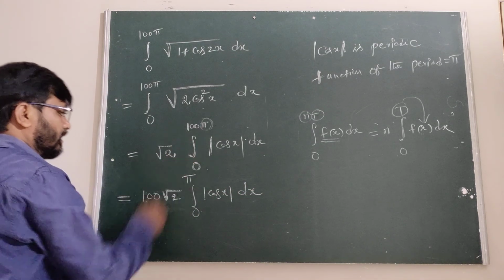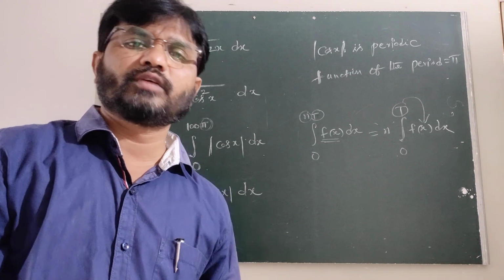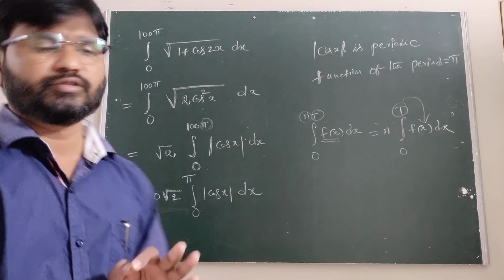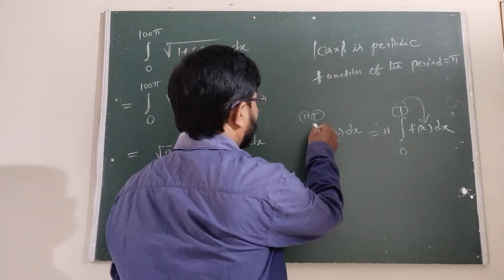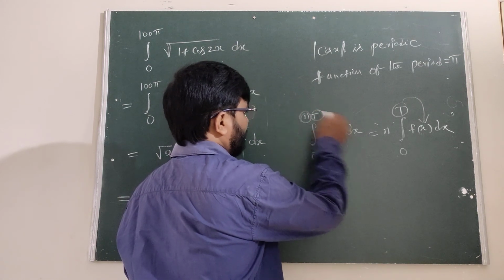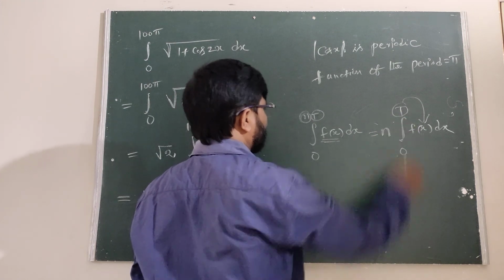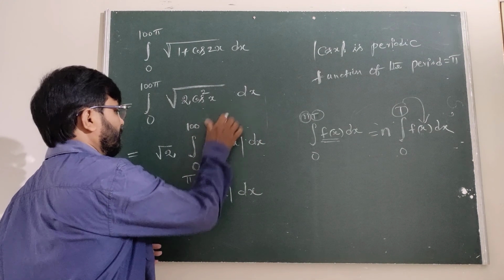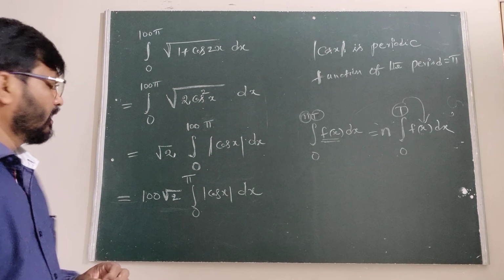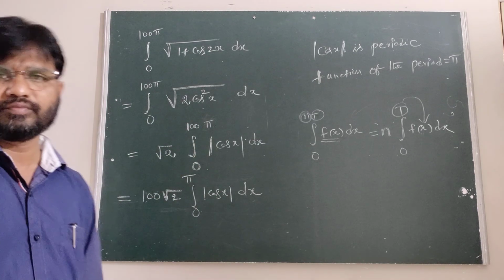Observe that the coefficient 100 multiplies a full period only. When you write the integral from 0 to nT of f(x) dx with n outside the integral, T must be the period. Since π is the period of mod of cos x, we can write the 100 root 2 outside of the integral.